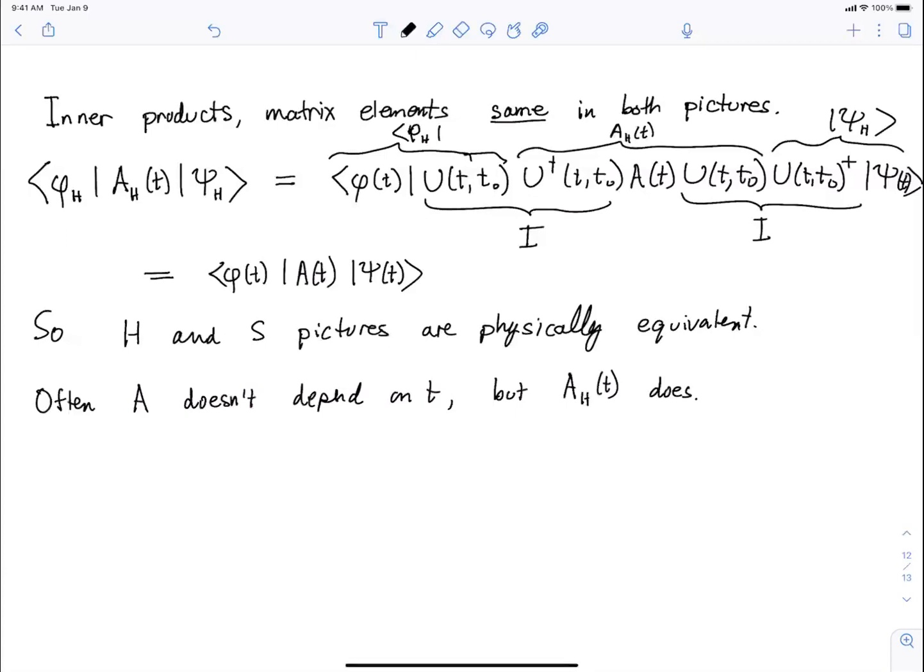But you could ask, when doesn't it? Maybe sometimes it won't. And the answer is there's a special case when it won't.